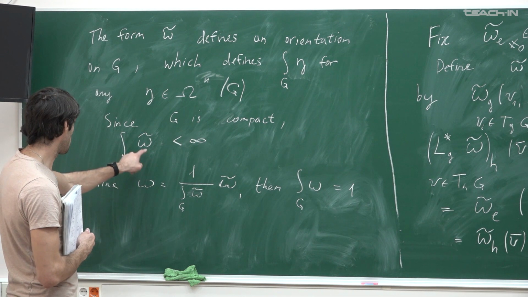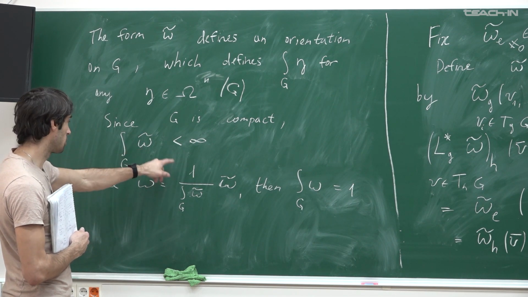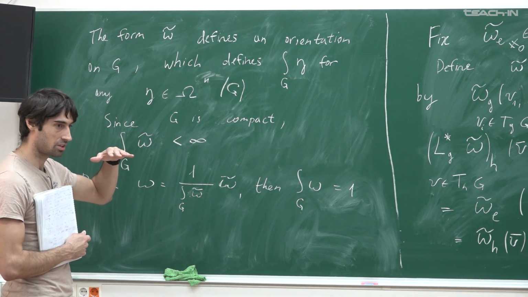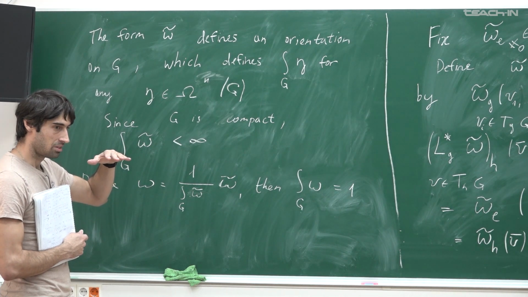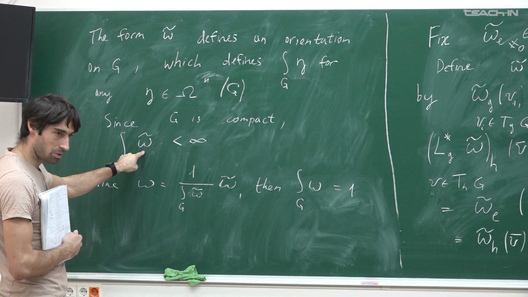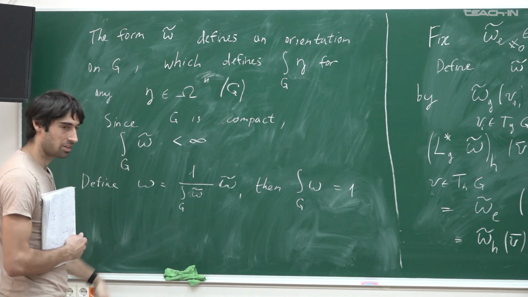Because omega is non-degenerate at every point. It's actually positive, since our orientation that we chose is actually the orientation that is given by omega tilde, so this is positive.